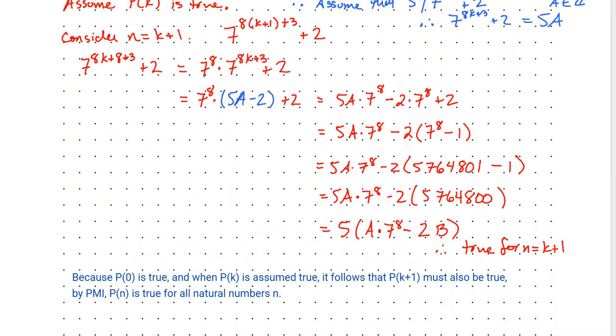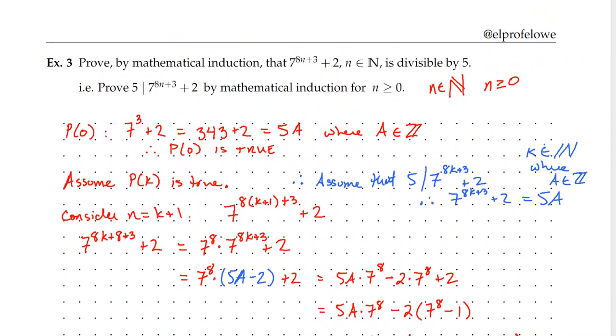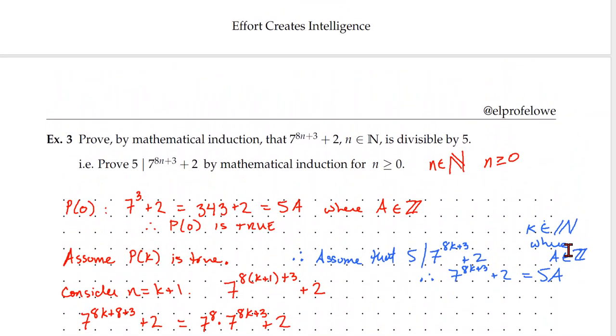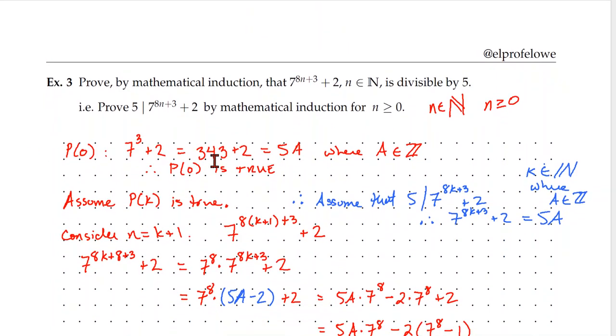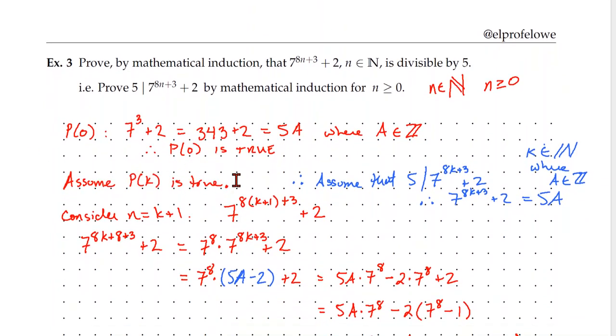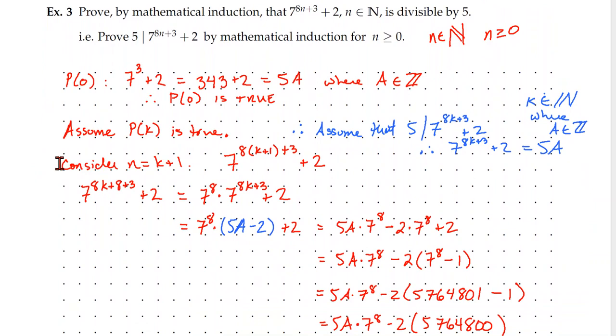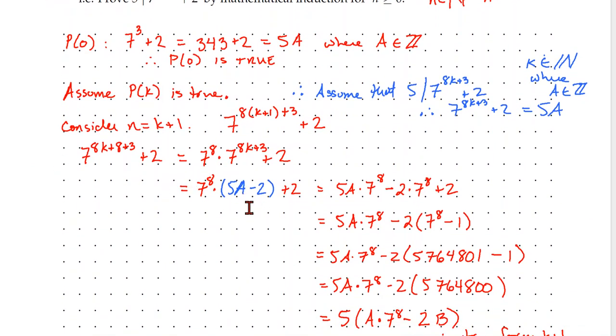Okay, quick review of our setup again. We have our proposition. We look at the basis step. We do our inductive hypothesis. We consider the subsequent step, the k plus 1th case. We look to see how we can use our inductive hypothesis within our k plus 1th case.